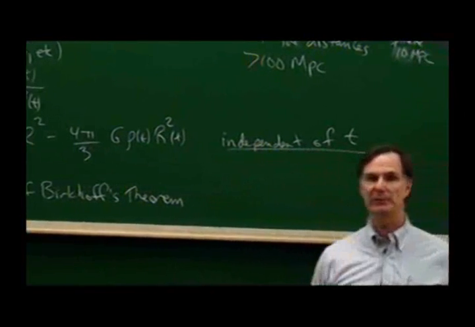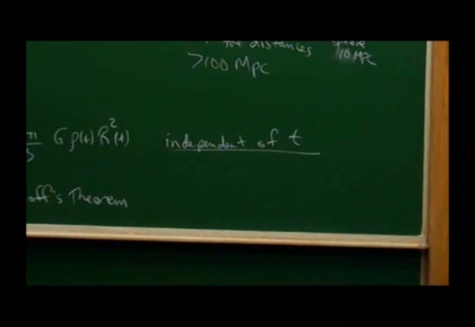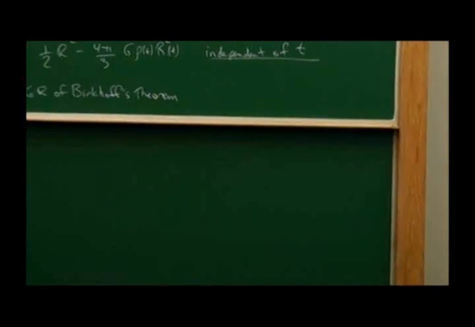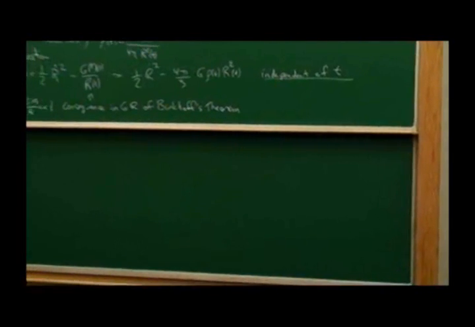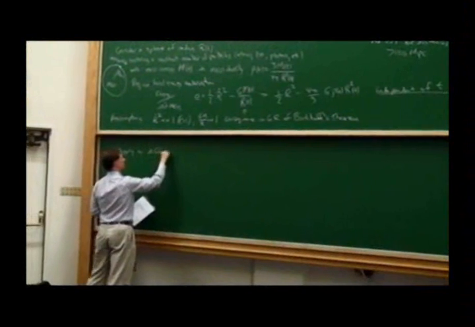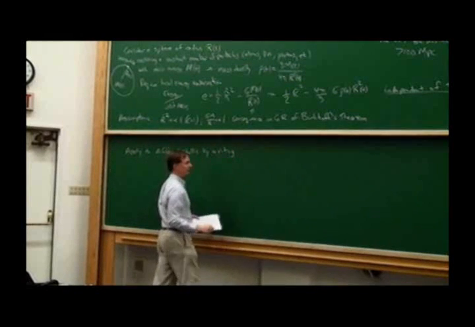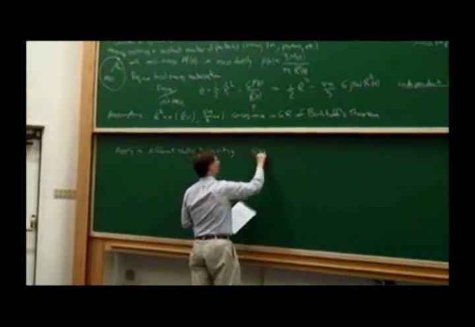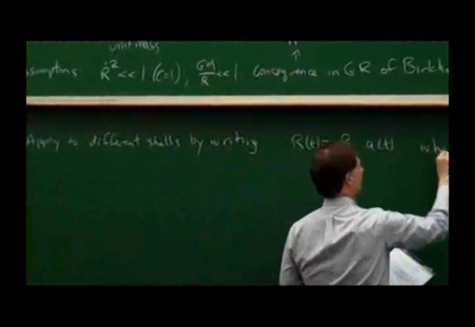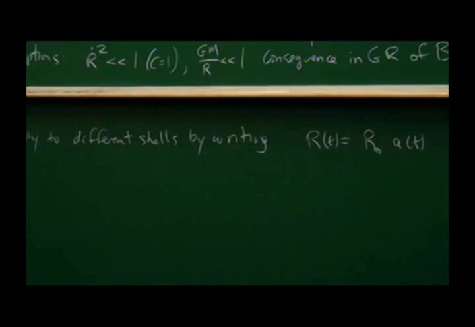What I'd like to do now is to apply this energy equation to different test particles, particles at different radii. I'd like to make different shells. So let's apply two different shells by writing R of t is R0 times A of t, where R0 labels the shell for the test particle.